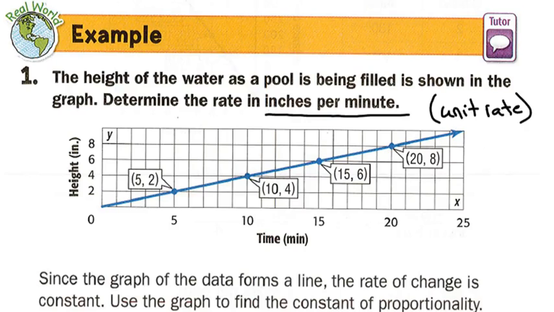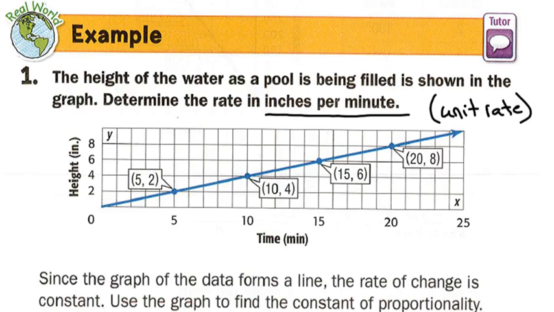And looking at this graph, I see it's a straight line. And I see that it travels through the origin. So I automatically know that there's a proportional relationship, because remember, we learned that when you graph all the points in a table, if they form a straight line and go through the origin, it's a proportional relationship. And we know that proportional relationships have a slope or a constant rate of change, meaning we can find the ratio for any one of those points, and that should tell us what the slope is.